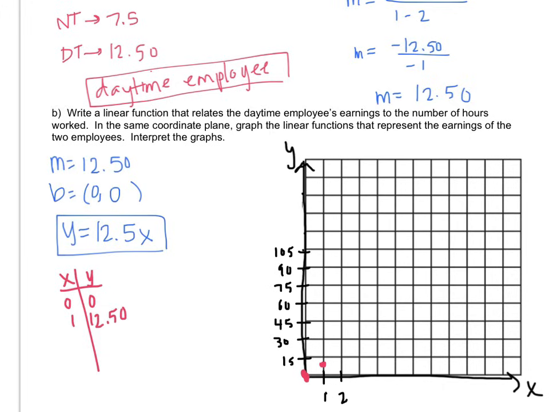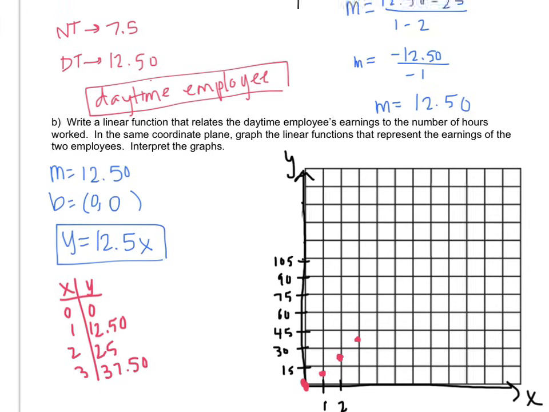Oh, well, duh, there is a chart. It's just off the screen. Silly me. Then 2 is 25. 3 is 37.50. And I'm making this chart, I'm just copying it from up above. I just didn't see that. And do they have 4?